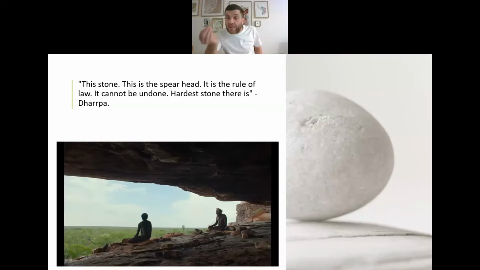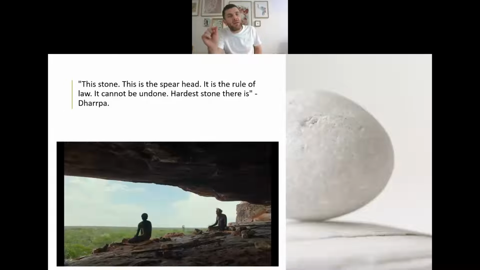They're discussing the notion of violence and how violence is entrenched within life. So it says here, it is the rule of law. So essentially, the stone, the spearhead, war, violence, it is part of the world. It is part of the land. It is part of who human beings are, essentially.